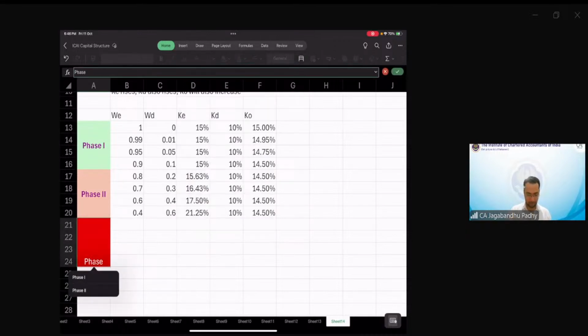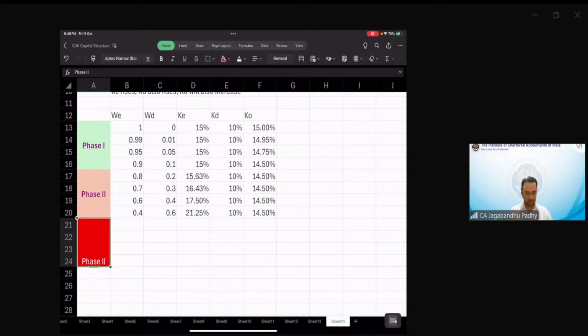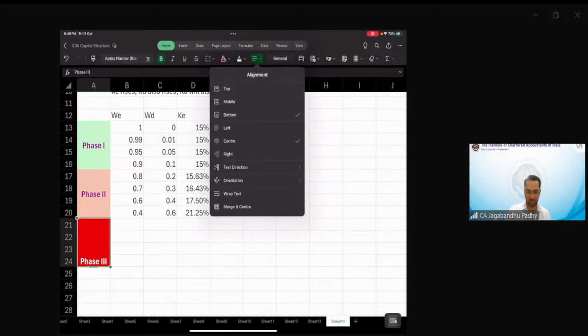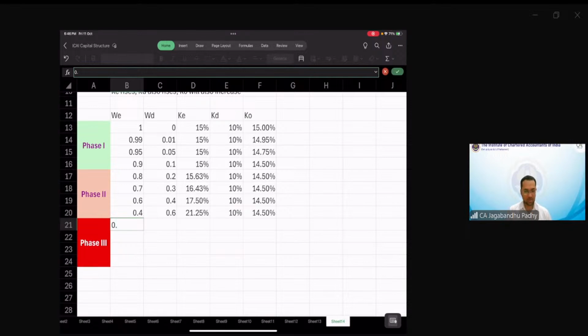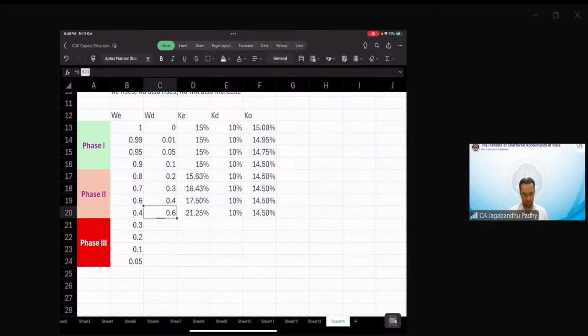Phase 3 gets started, and phase 3 is basically the risky phase, where if you start getting more and more debt, what is going to happen with the overall cost of capital? Of course, cost of equity is rising.